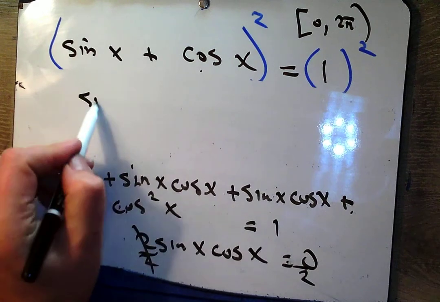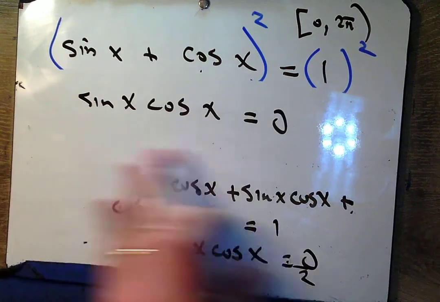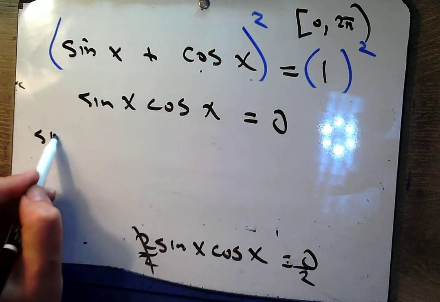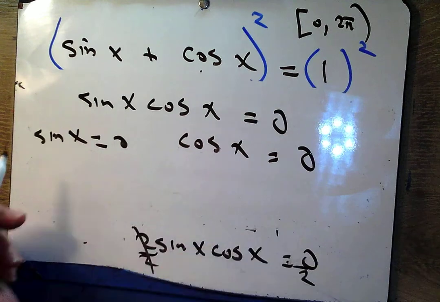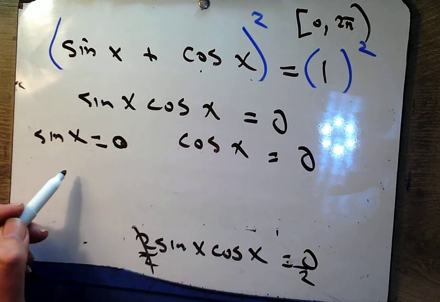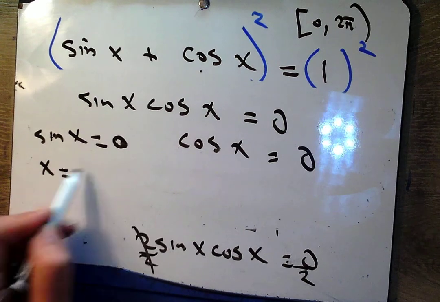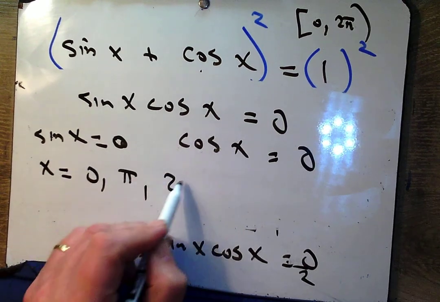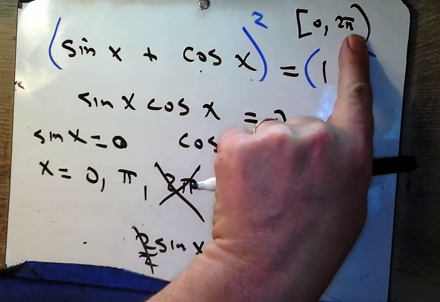We're at the place where the problem says sine x cosine x equals 0. Well, great. I can set this factor equal to 0 and this factor equal to 0. And so when is sine equal to 0? Well, at x equals 0 and x equals pi. And don't write that. Why not? Because that's not included.